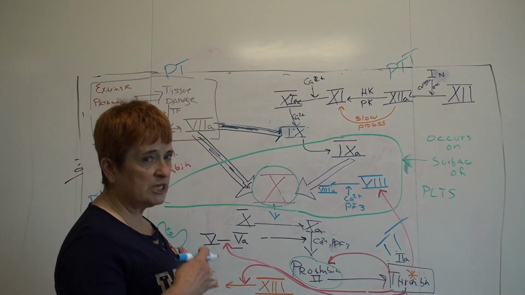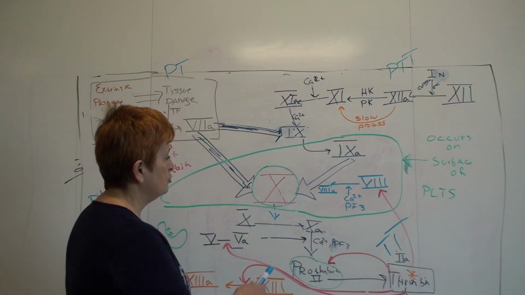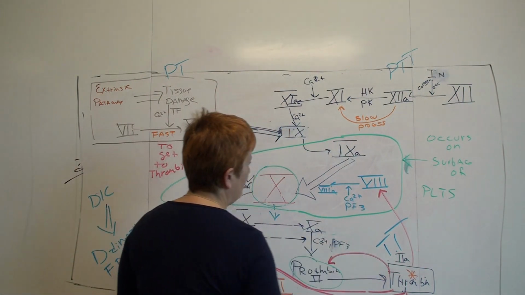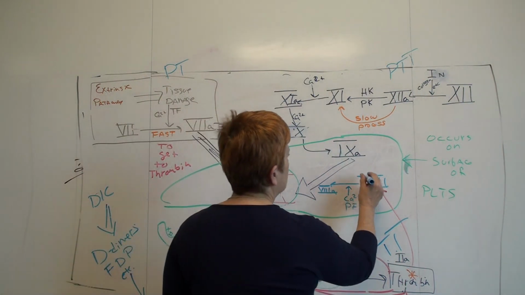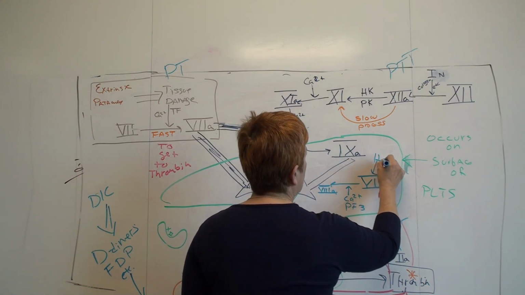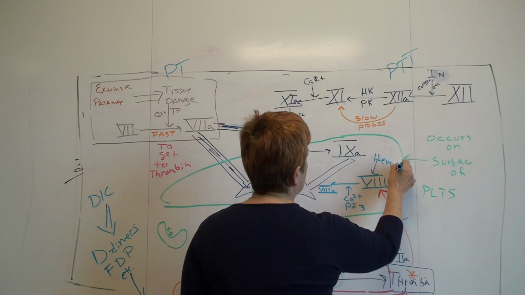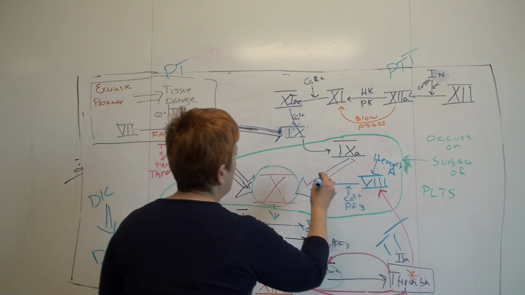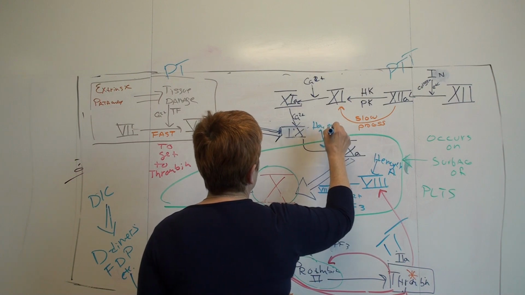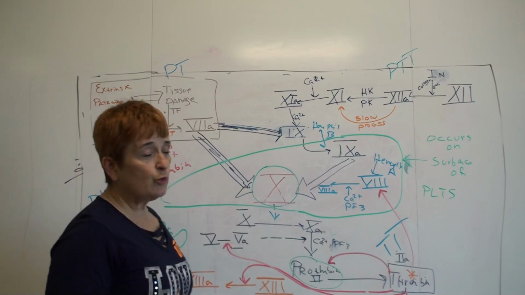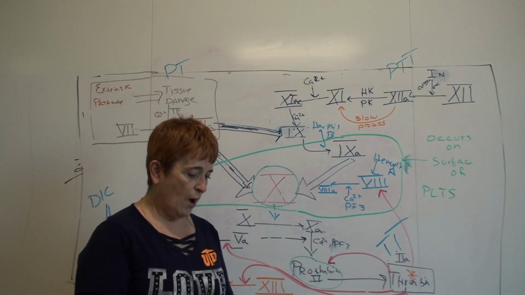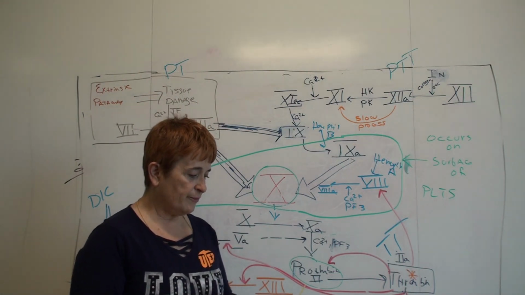So that's how we get about that. And then, of course, the other tests that we can do in the laboratory are to actually measure each one of these factors. Like, factor 8. Factor 8 is hemophilia, right? Hemophilia A. Factor 9, hemophilia B, etc. So we can actually measure each one of those also. Wow, that's a lot of stuff.